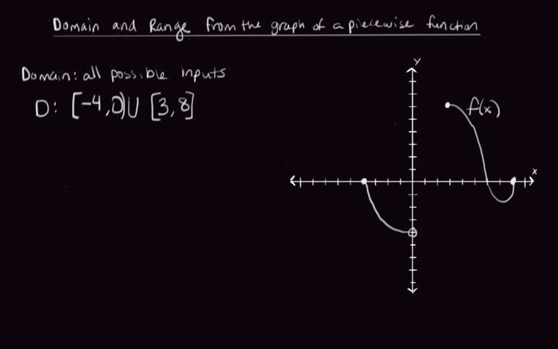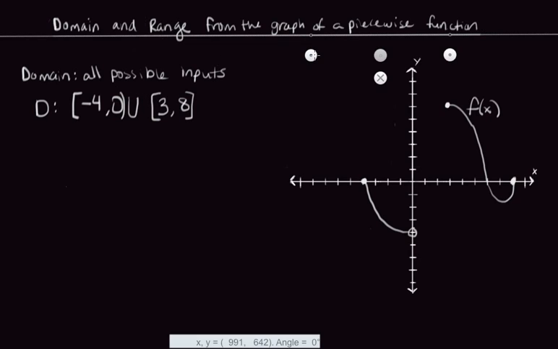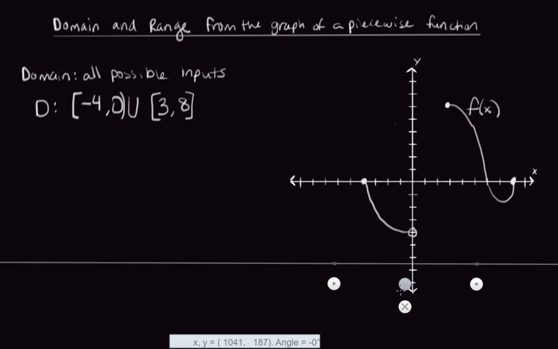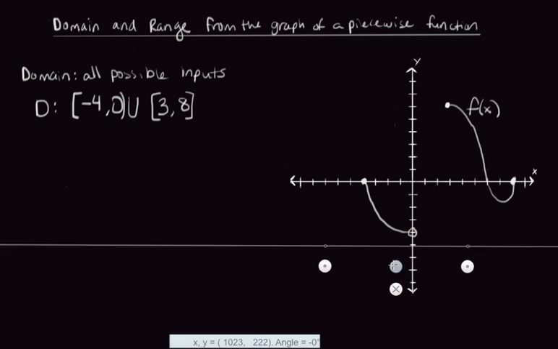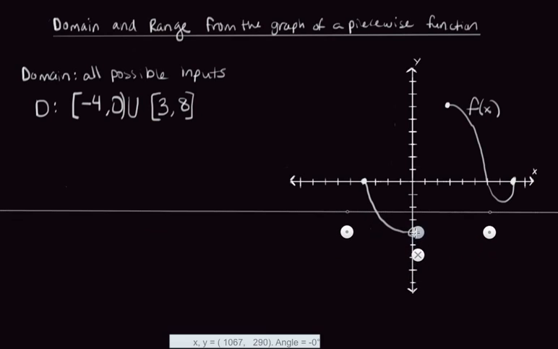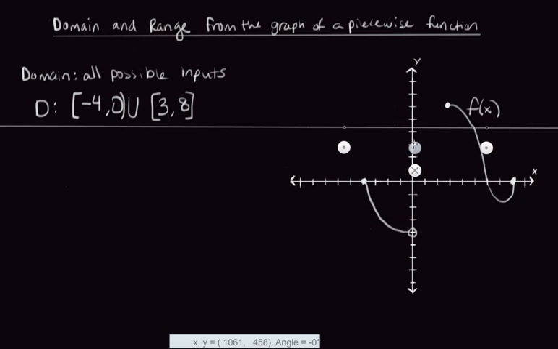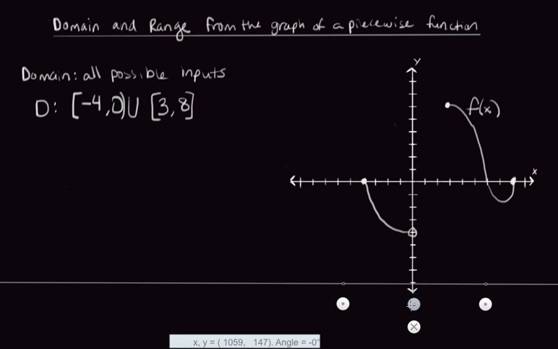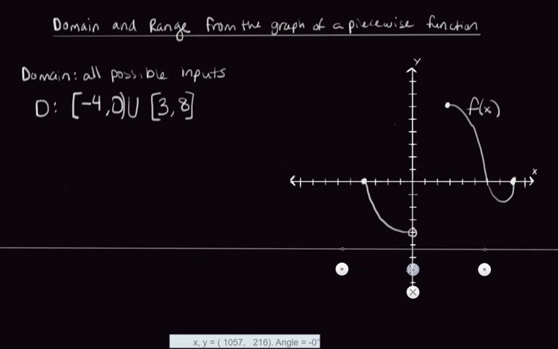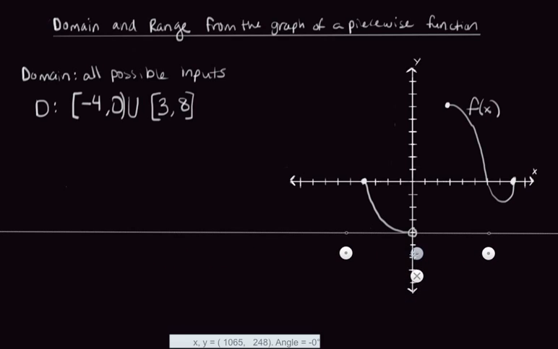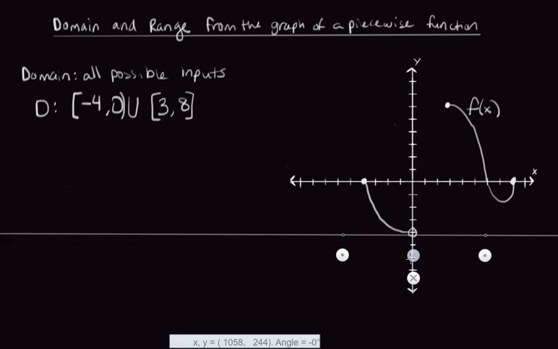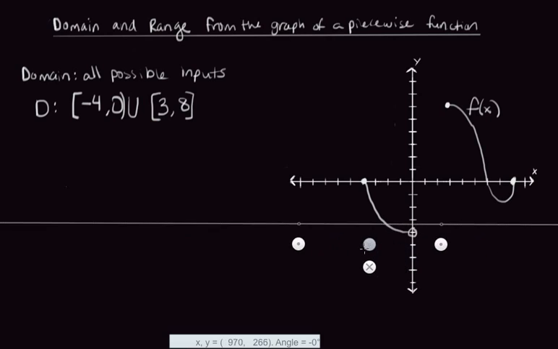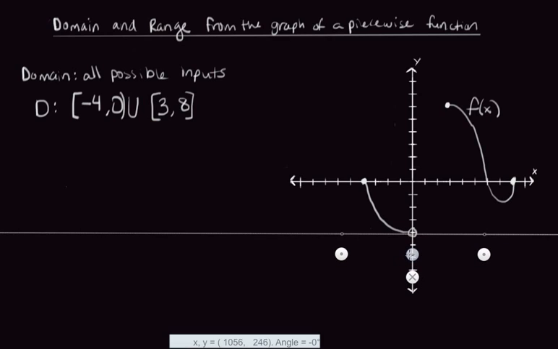Okay, so now I want to take a look at range. So to look at range, I'm going to kind of take a vertical scanner. I'm going to move this line vertically and see where do I have values. So I have nothing down here, right? There's nothing below here. And then once I get up to -4, I start having values, but I'm not including -4 because that's an open circle.